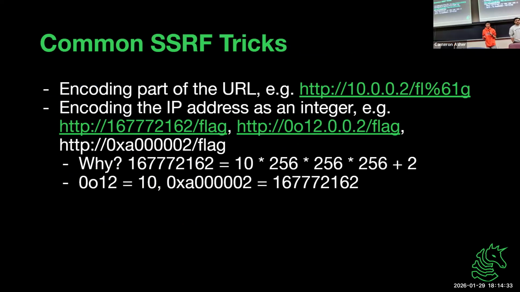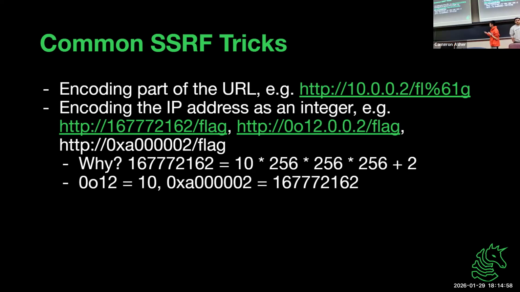But then there are a few tricks you can use to get past this. First, you encode part or all of the URL using these percent signs, so you can obfuscate the flag. The other trick is you can output the IP as a number instead of the actual IP. The reason for this is that in base 10 this number is what 10.0.0.2 is in base 256. And you can do this with various different types of encodings.